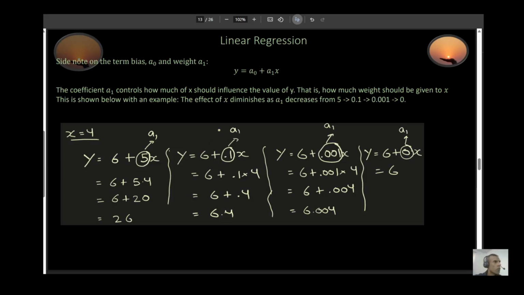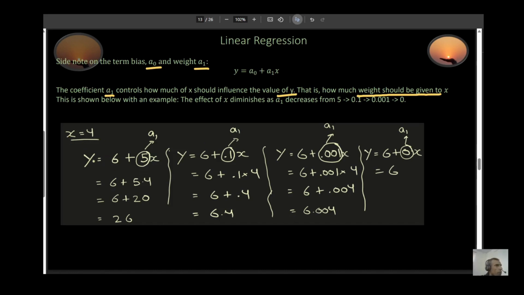A side note on this bias term a0 and weight a1. The coefficient a1 controls how much your x should influence the value of y. In other words, how much weight should be given to x. So let's understand this through an example. In this example, my x is equal to 4.